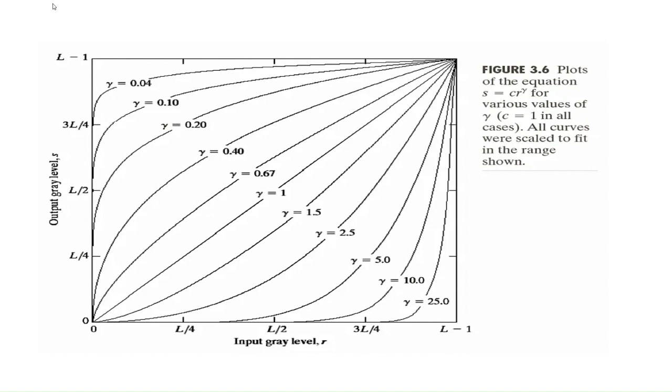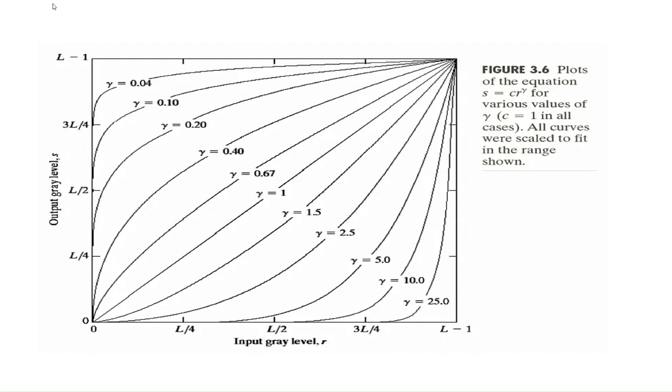This is the diagrammatical representation of the gamma corrections. This is an image that is useful for the equation s equals c r to the power gamma. For various values of gamma, s equals 1 in all cases. All curves were scaled to fit in the shown range.